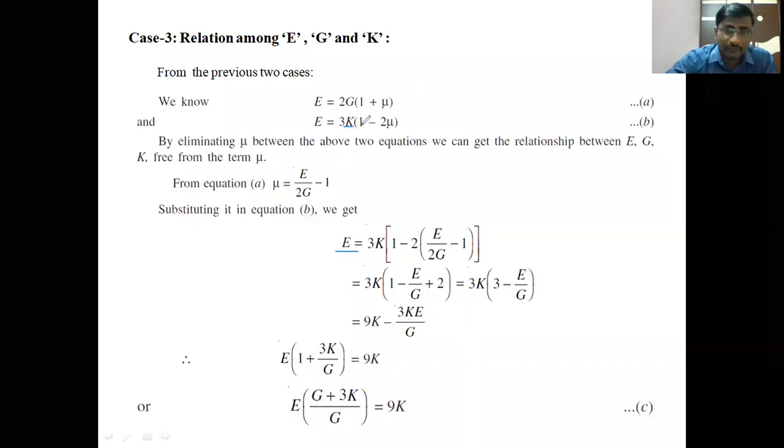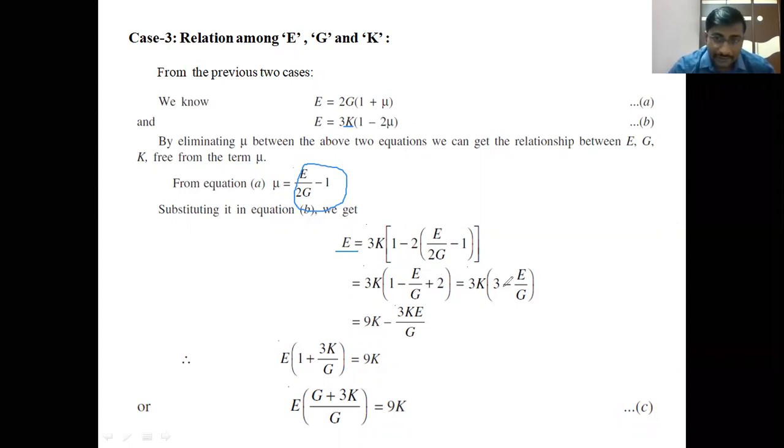I have written 1 minus 2 into, in place of mu, E by 2G minus 1. So 3k into 1 minus 2 into E by 2G, the 2s cancel, E by G remains, minus into minus plus 2 into 1, so plus 2. So 3k into 1 plus 2, that is 3 minus E by G. Clear, students?